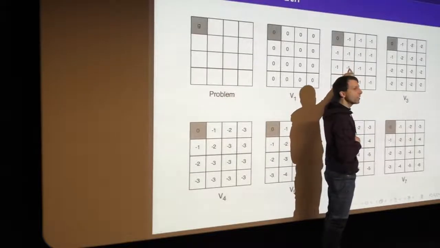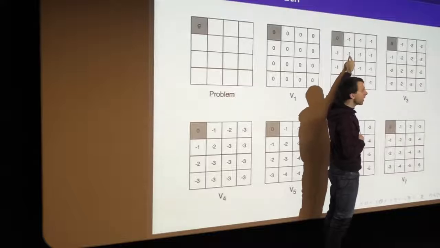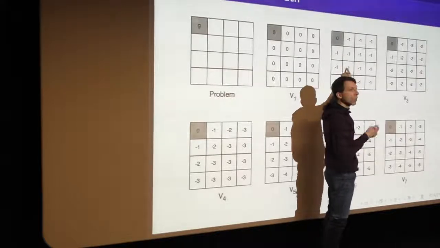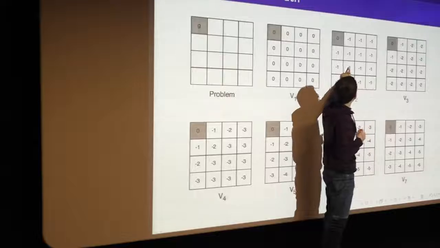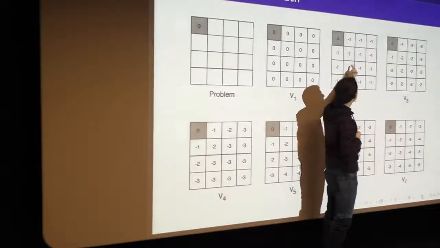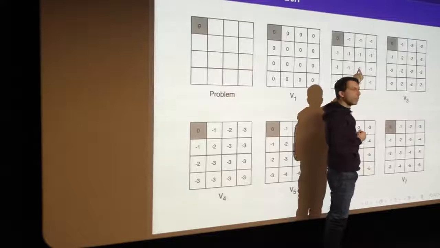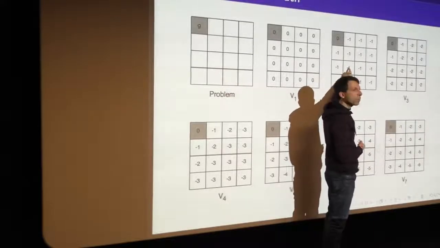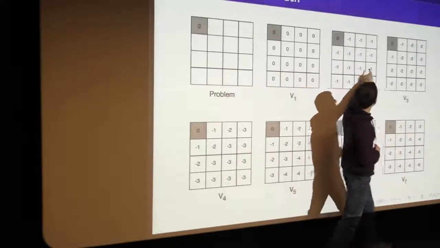I can choose to get -1. Every step I take will get me -1 reward, remember? So I can choose to get -1 reward and end up in a state that has a value of -1, or the same here, or the same here. So no matter what I choose, I'm going to get -2 from here, which is what we fill in here.